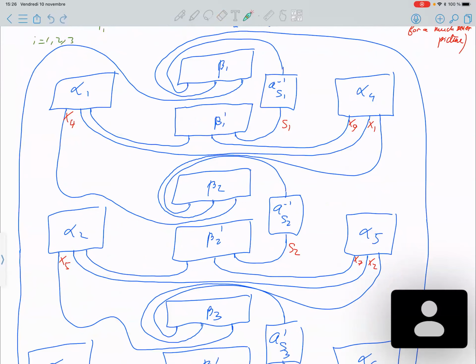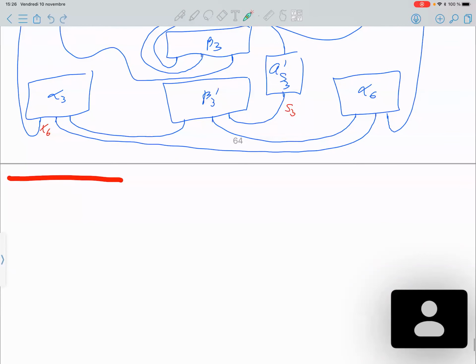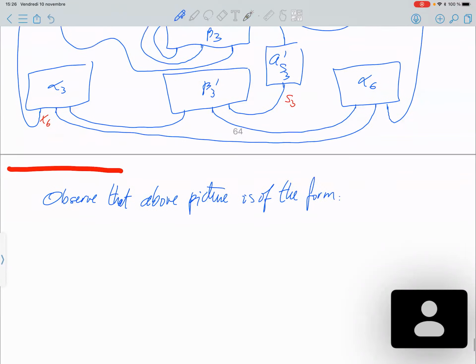Observe that the above picture is of the following form.